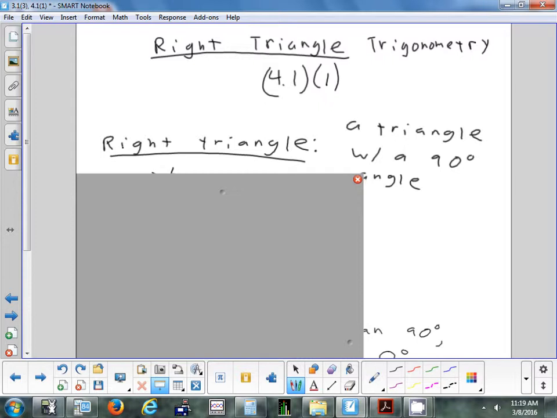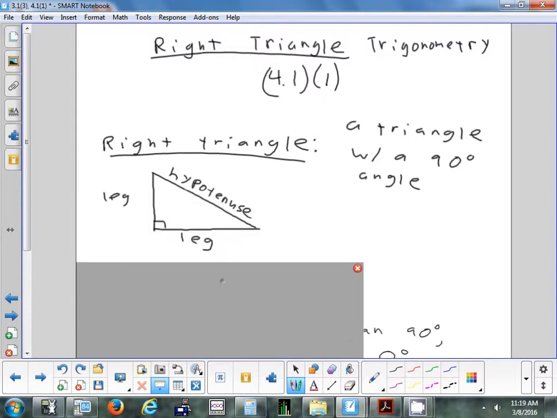I don't know if it's the same in physics, but it's opposite and adjacent. All right, those are going to be the names that we're going to use for them, opposite and adjacent, but they're both called something. You have 2 of them. It's not your arms. They're your legs. The 2 shorter sides in a triangle are the legs. Sometimes one will be opposite, one will be adjacent. We'll talk about that in a little bit.